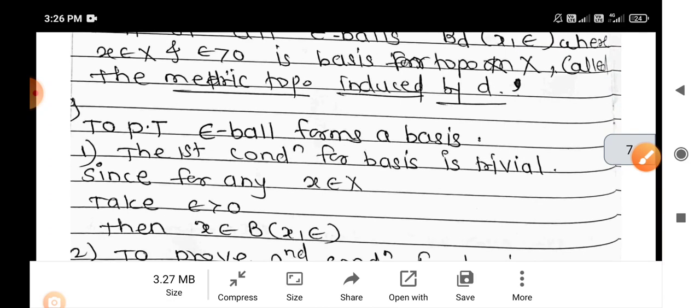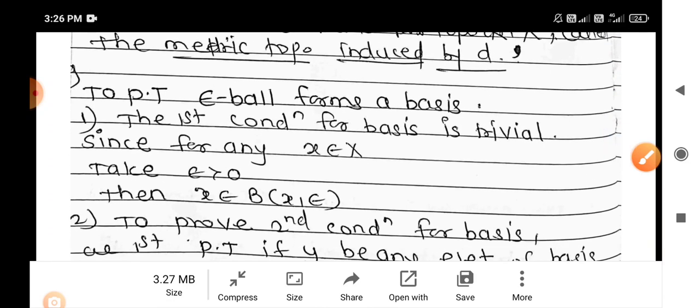Okay, so this is a proof showing that all epsilon balls form a basis. The first condition for a basis is trivial, that is the empty set and X itself form balls and they are elements of that. Now the second condition: since for every x belongs to X and epsilon greater than 0, x belongs to that open ball.